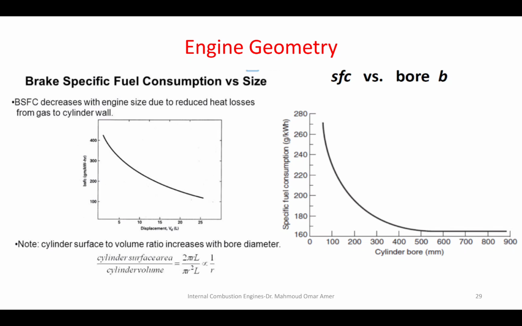Because as the volume of the engine increases, the surface area decreases. So the heat transfer through the surface area is lower at larger displacement volumes. That's why the specific fuel consumption is lower at larger displacement volumes.